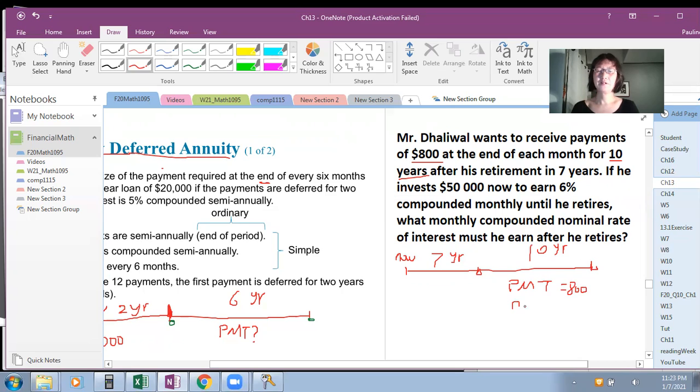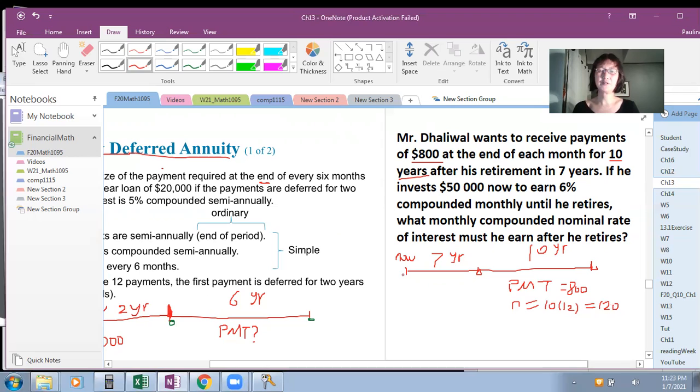And the term N for 10 years is 10 times 12, because he receives payment every month. So term N for the annuity is 120.